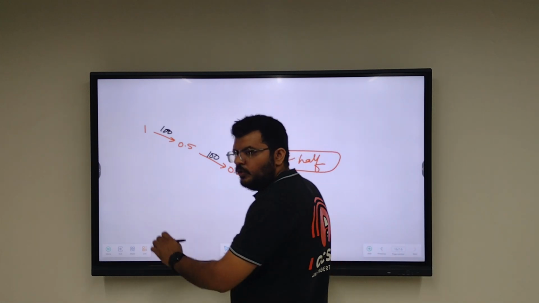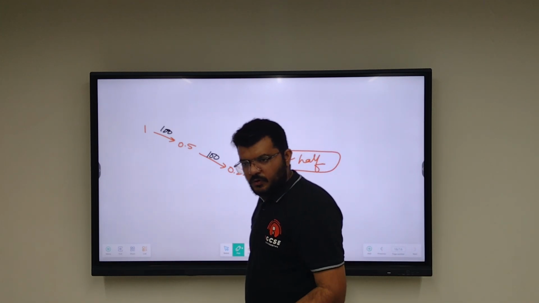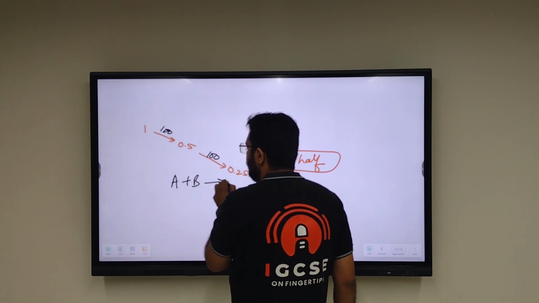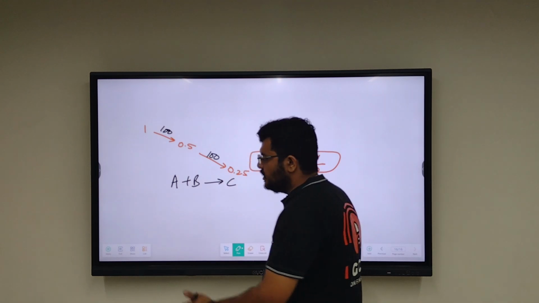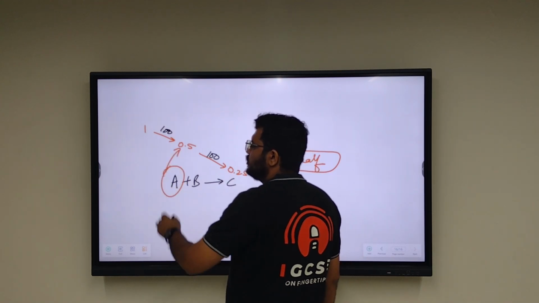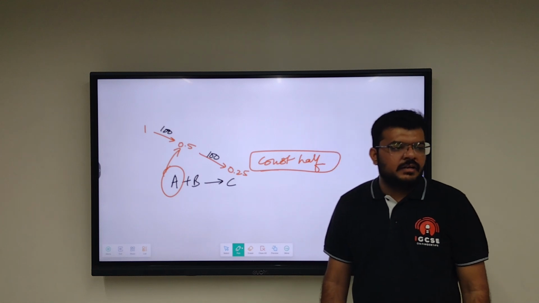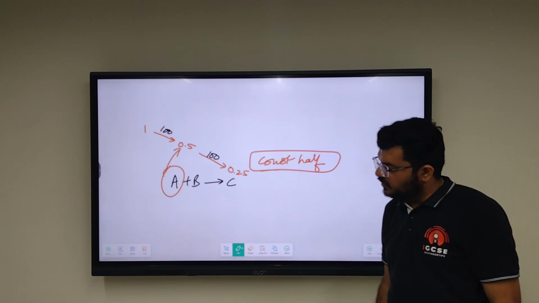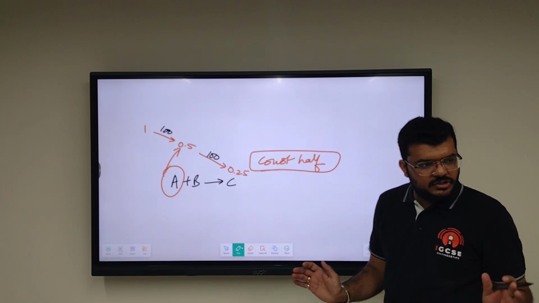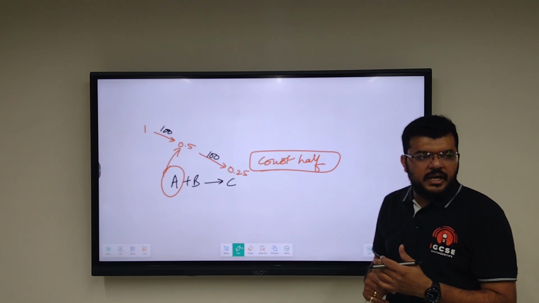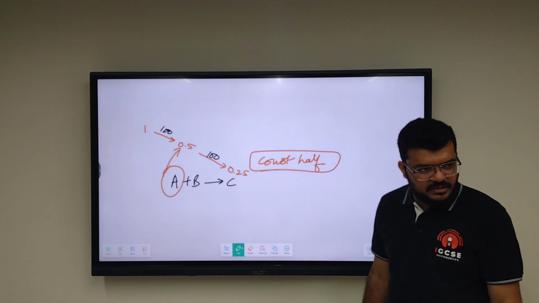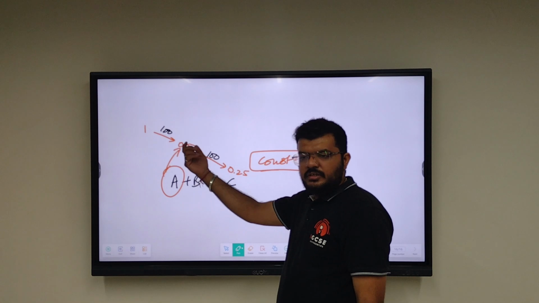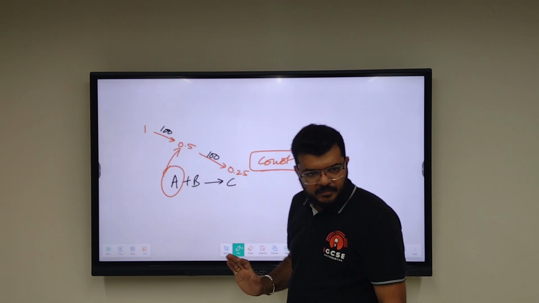Before we understand what order is, let's say we have reactant A plus B giving C, and this graph is plotted of the rate of reaction against concentration of A. We are relating these two: the change in rate of reaction when the concentration changes, or the decrease of concentration over time.